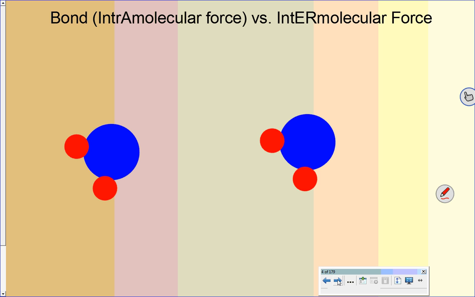I do want to make a little difference. We do talk about what are called intramolecular forces, but we refer to them as bonds. I do want you to have a really strong understanding of the difference between the two. In water, you have an oxygen that is bonded to two hydrogens. This right here is a bond. It is an intramolecular force.